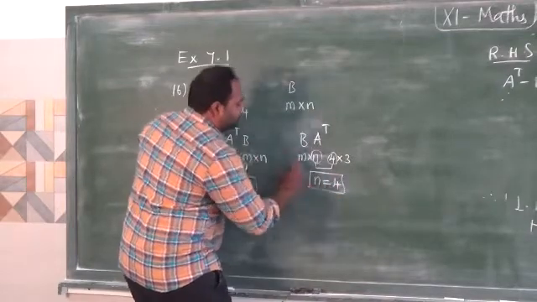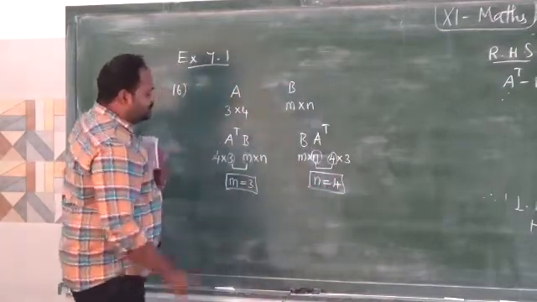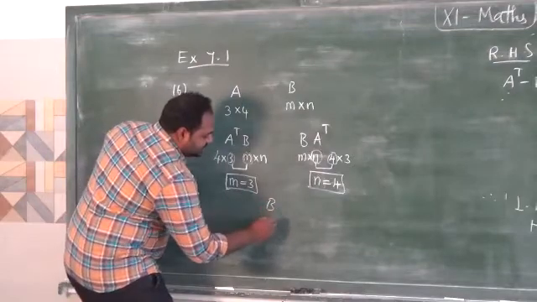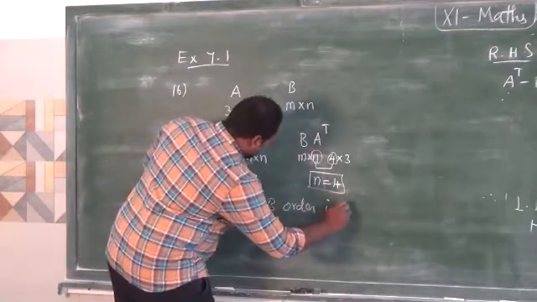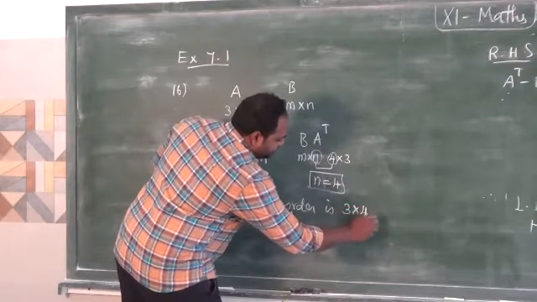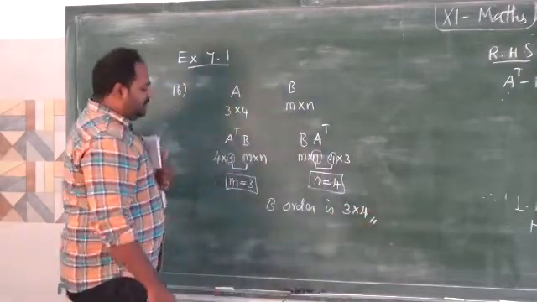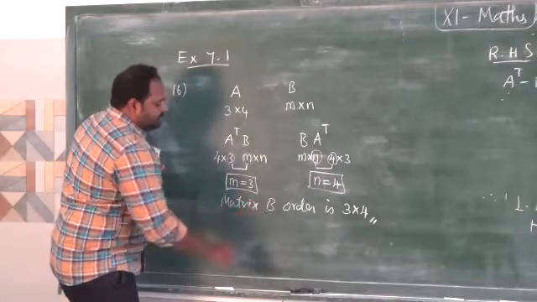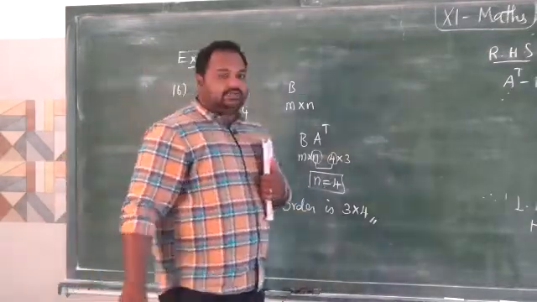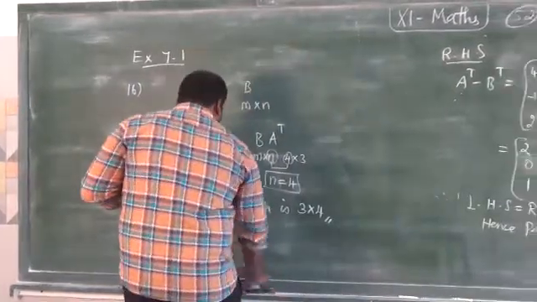Now we have the values of m and n, so the order of matrix B is 3 cross 4. So question number 16 is over.